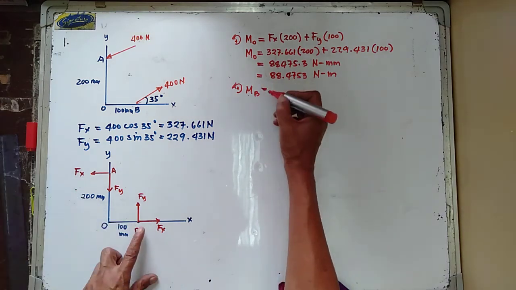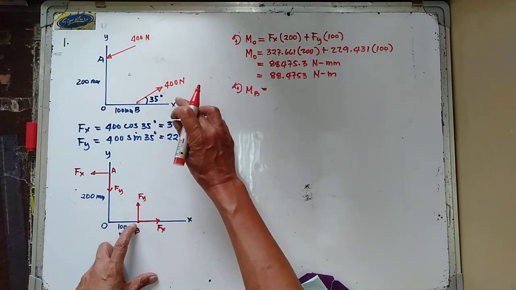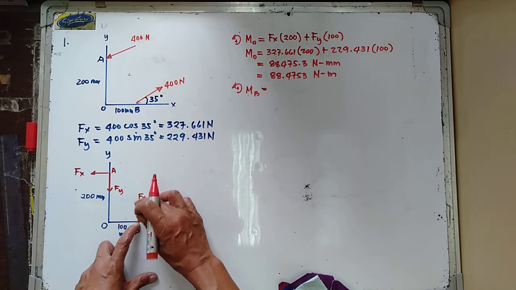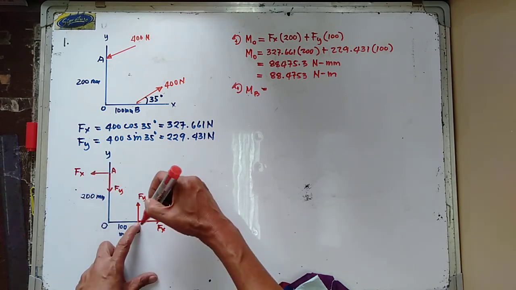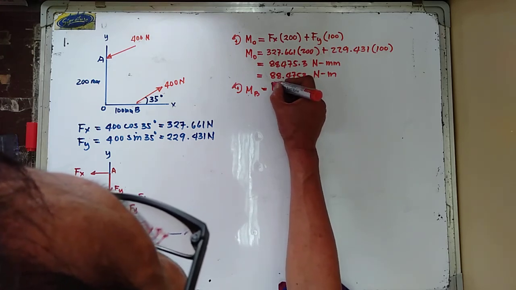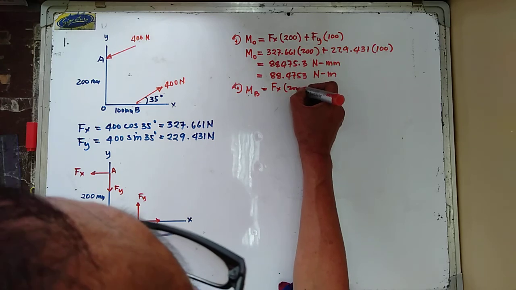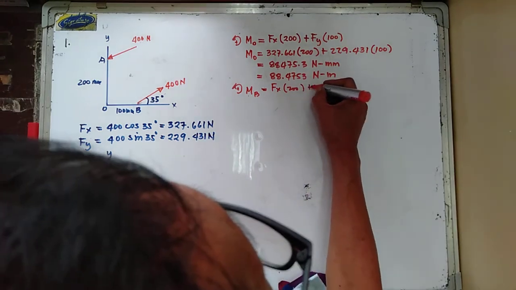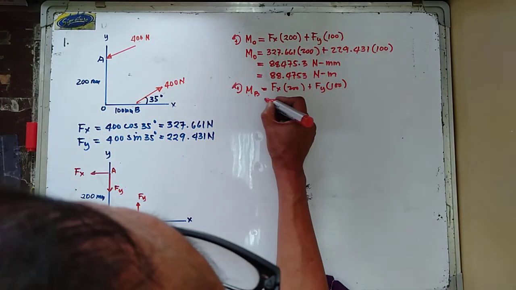So this is equal to... The force acting at point B has no moment because it passes through point B. So we have Fx counterclockwise, that is Fx multiplied by 200, plus Fy multiplied by 100.